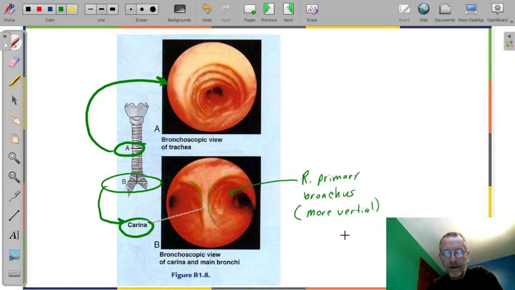So if somebody inhales something and gets a blockage, like a child with an M&M, they aspirate it, it goes down the windpipe, and it often will lodge on the right side, dropping down into that side of the bronchioles.